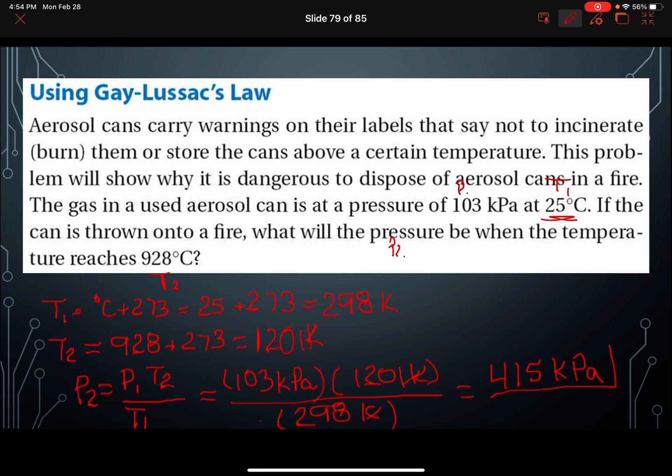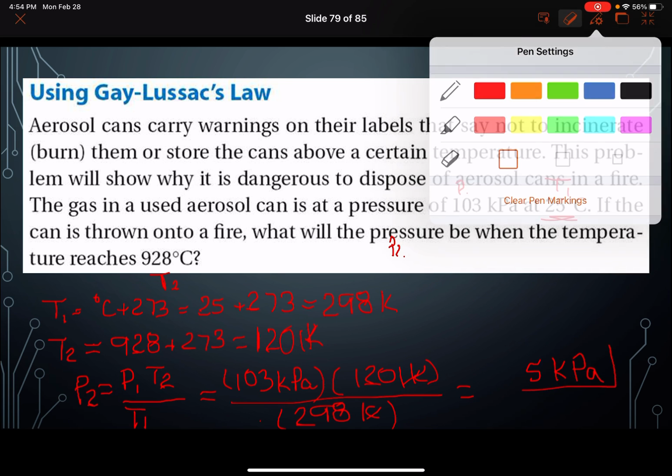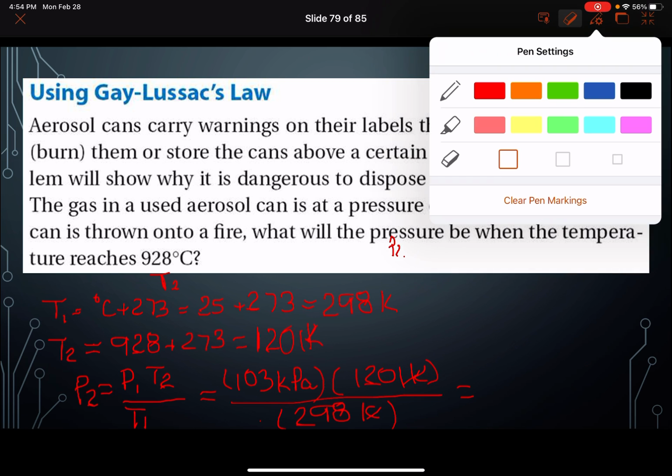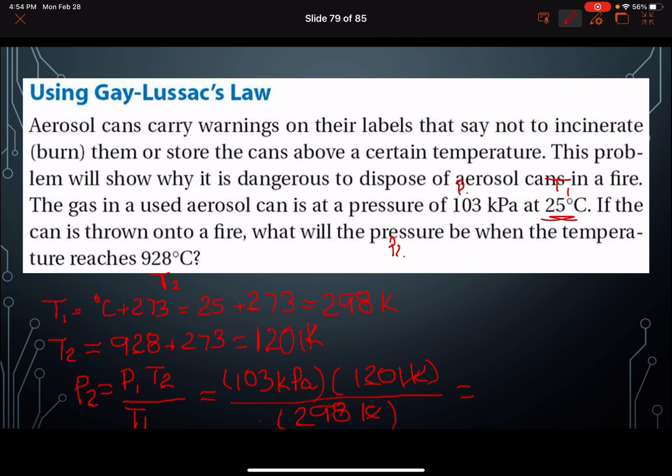Actually, 25 degrees Celsius has 2 significant figures, so 415 to 2 significant figures is 420 kilopascals. That's a great amount of pressure, enough to make that can explode.